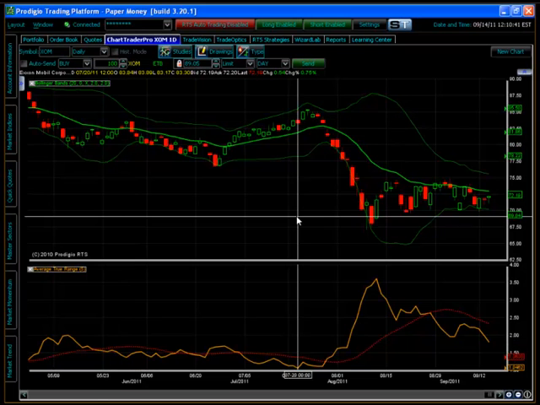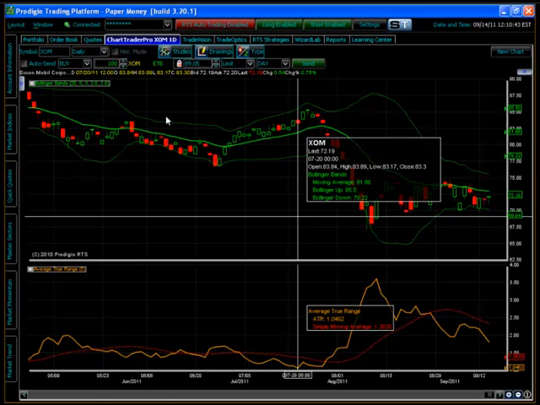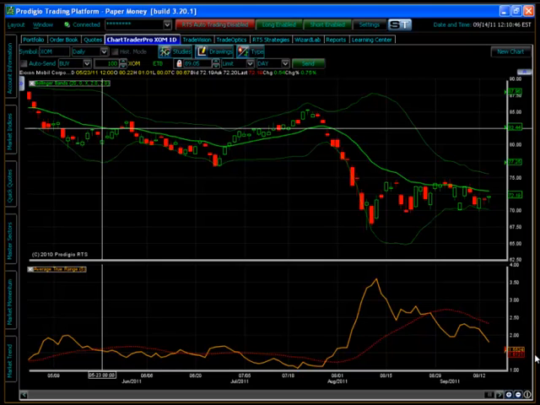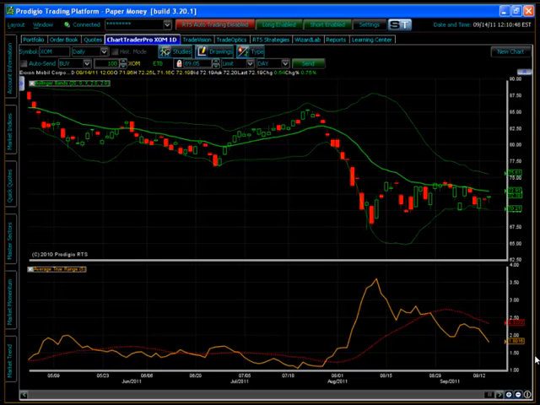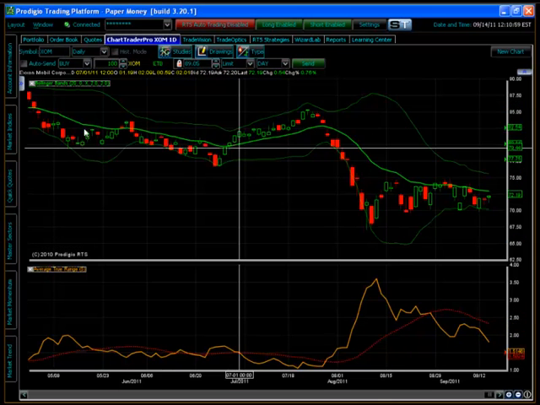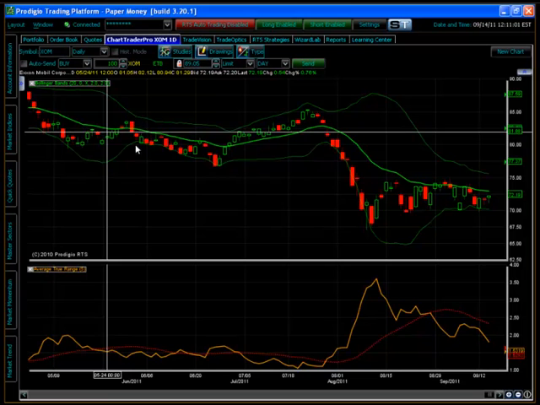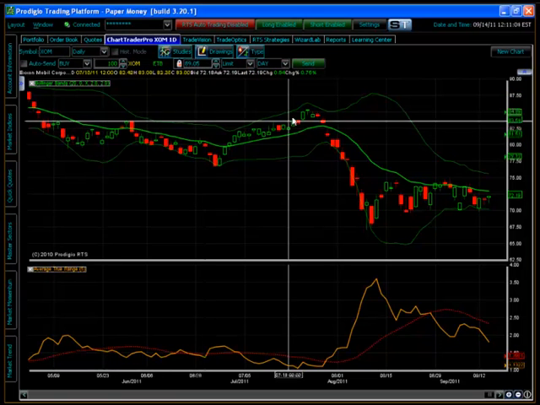These bands are a measurement of volatility, right? So what they're trying to do is they're trying to give you a range of price action relative to that average. So it's saying generally more or less if the average is this middle range, you can expect the price to kind of oscillate inside of this range.